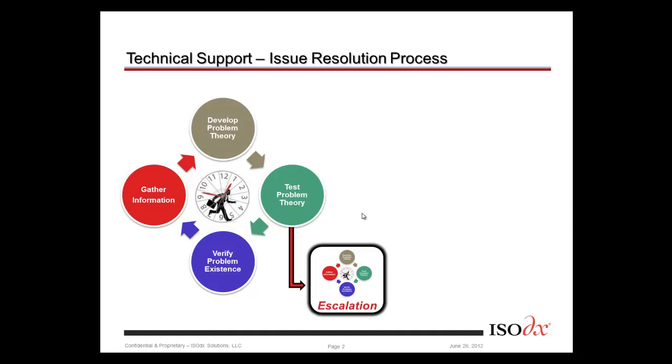Ultimately, the need might come about to transfer the call to either a product specialist or someone with a bit more experience to help resolve the issue. But again, they are also typically following the same information gathering, theory development, and theory testing cyclical process. Now the key point here is not only that this process is very time consuming, but also that the customer, your end user, is involved in this process from beginning to end.